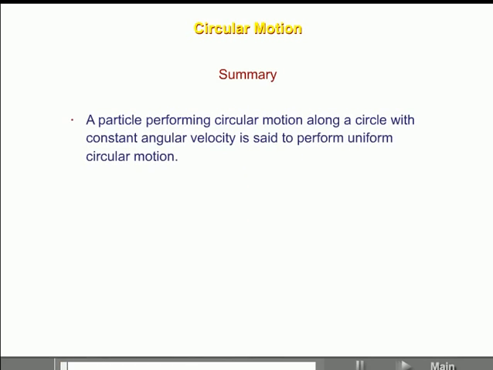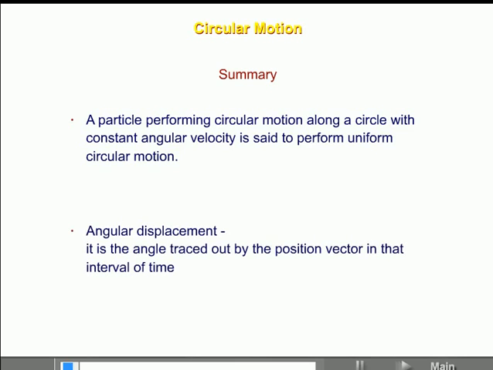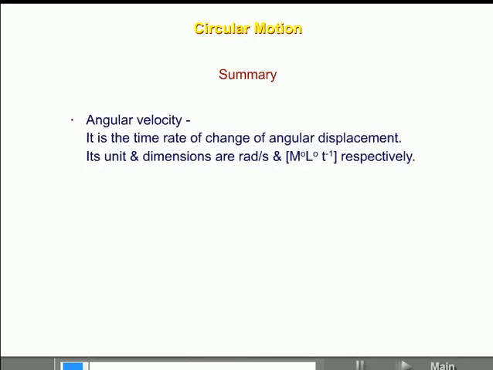Summary. A particle performing circular motion along a circle with constant angular velocity is said to perform uniform circular motion. Angular displacement. It is the angle traced out by the position vector in that interval of time. Angular velocity. It is the time rate of change of angular displacement.